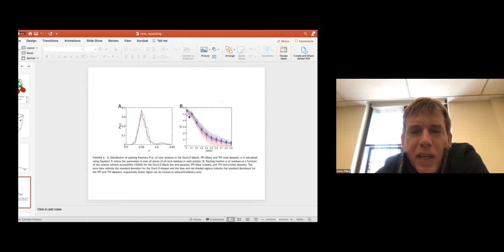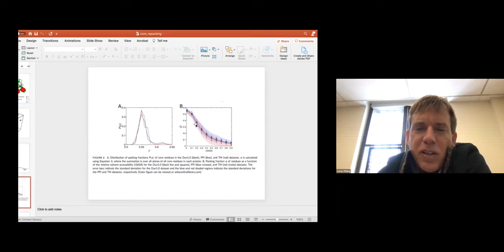Just a quick comment that we can also measure how the packing fraction decreases as you move away from the core. So if you look on the right of this plot, this is the packing fraction as a function of the relative solvent accessible surface area, which varies from 0 to 1. So you can see here that there's some structure in this.